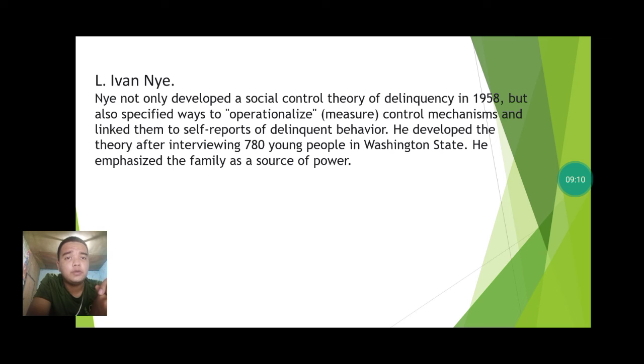He developed the theory after interviewing 780 young people in Washington state. He emphasized the family as a source of power.